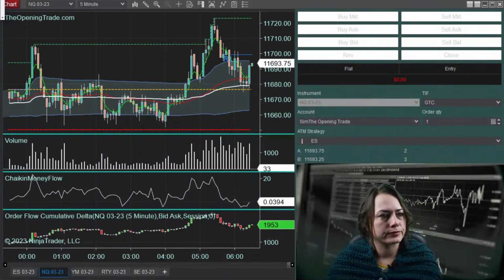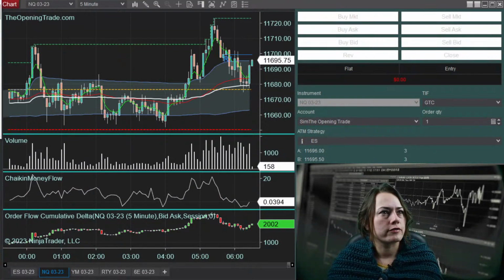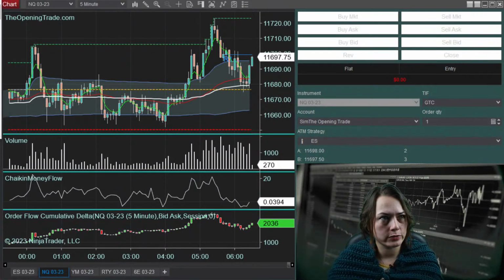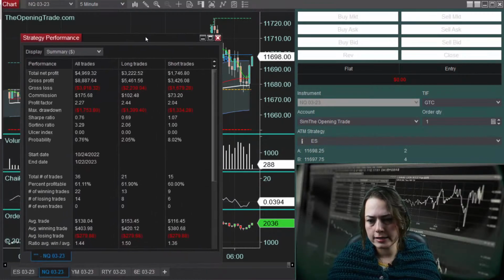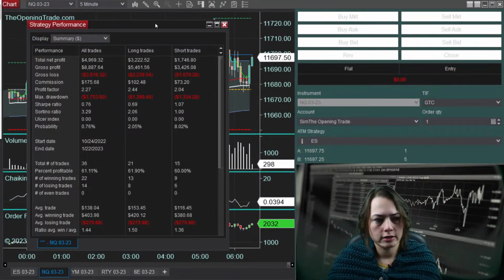There they are. 1 second. So the first one we'll look at is the NASDAQ futures.